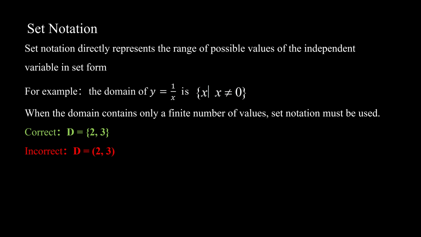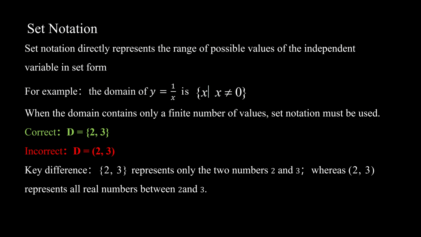For example, suppose the domain of a function consists only of the two real numbers, 2 and 3. The correct expression is the set containing 2 and 3. In writing, the numbers 2 and 3 are enclosed in braces. Parentheses must not be used in this case.